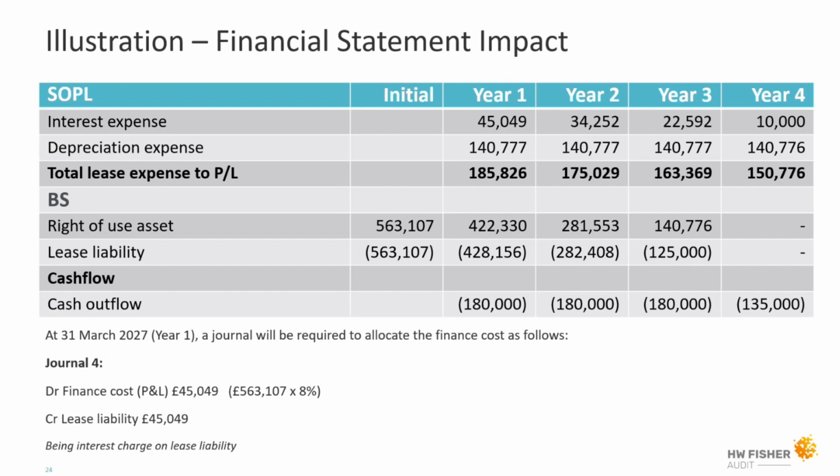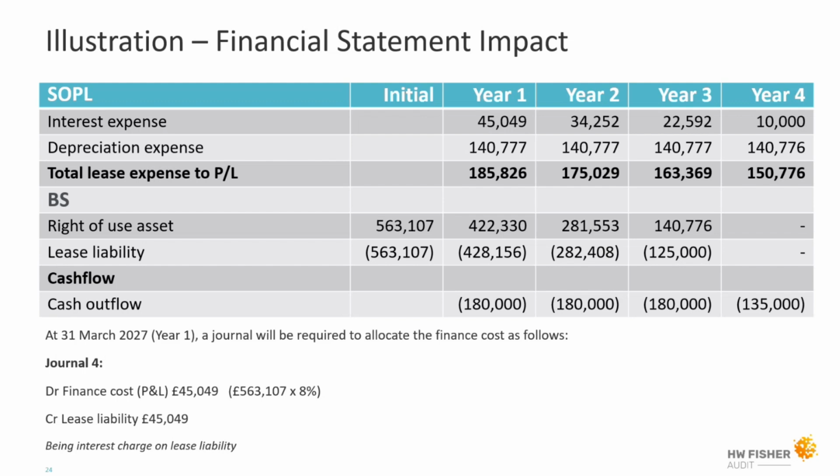I think this illustration is probably the really key piece on how that looks, and that differential between what we might have had previously and what we have now. So you can see that starting point, the 563 matching, that's the right of use asset and the liability.